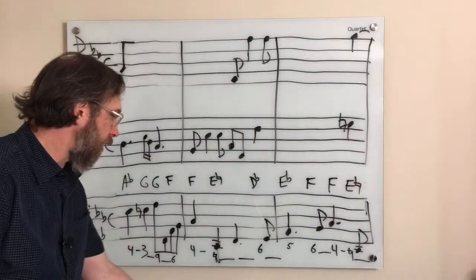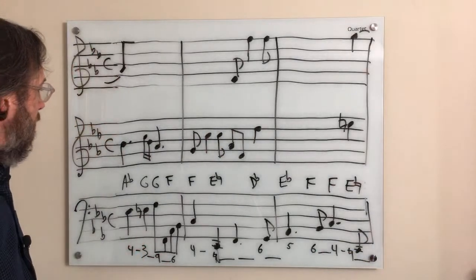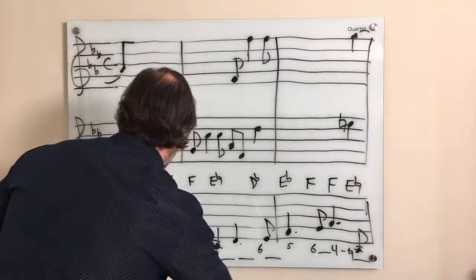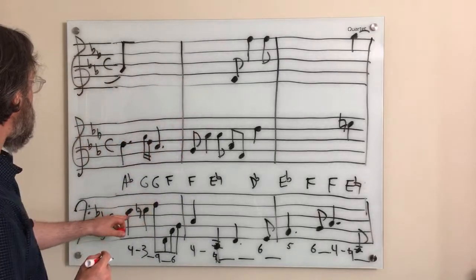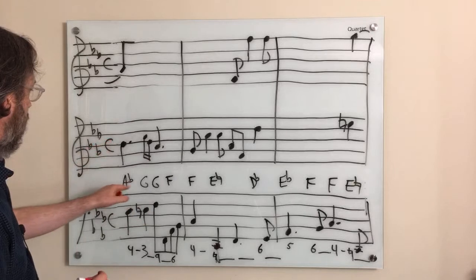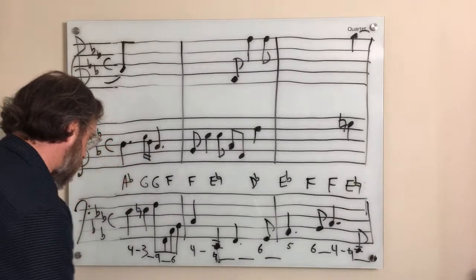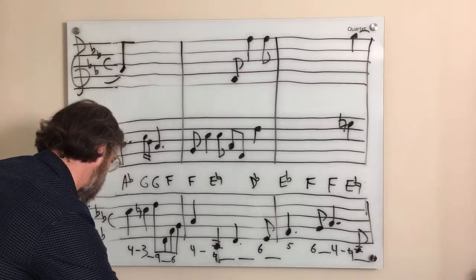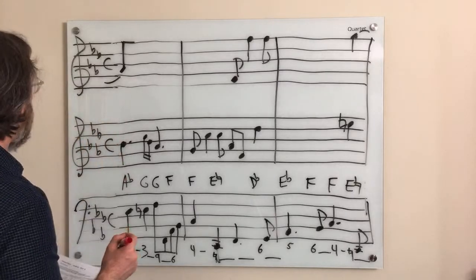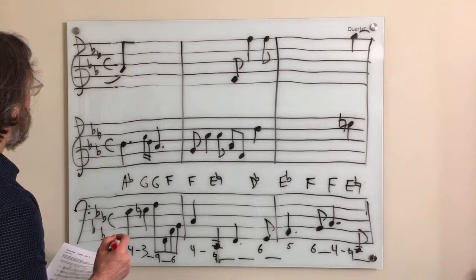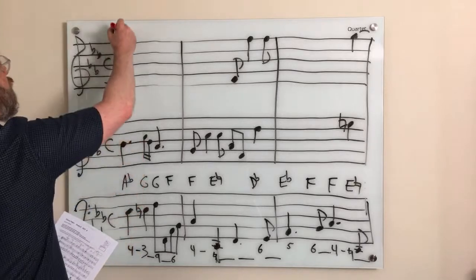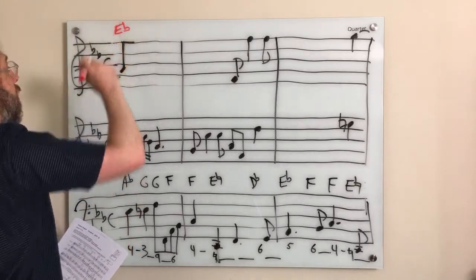So there we go, I pencil in all those. Then it's time for me to put in my lead sheet symbols. We have an E flat, B flat, 4/3. The 4/3 often means that we're talking about a 4/3 suspension. So E flat major triad is what I'm looking at.